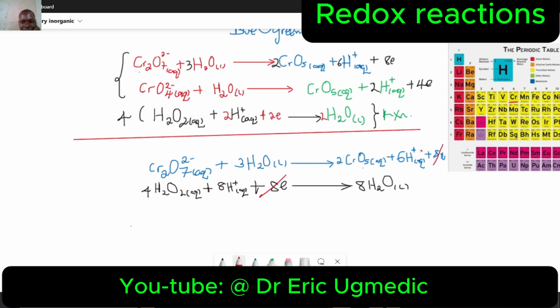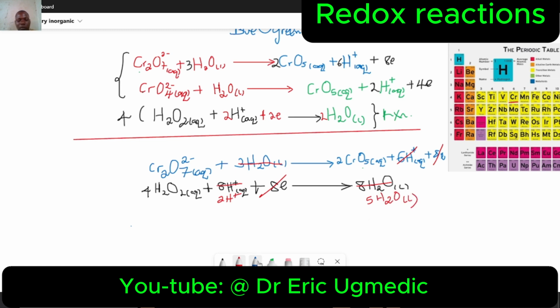What else? Hydrogen ions. We have 8 here, we have 6, so we reduce this side by 6 and we remain with 2 hydrogen ions, and this will go. What of the water molecules? We have 3 on the left, 8 on the right, so reduce by 3, and then this will change to 5 water molecules.